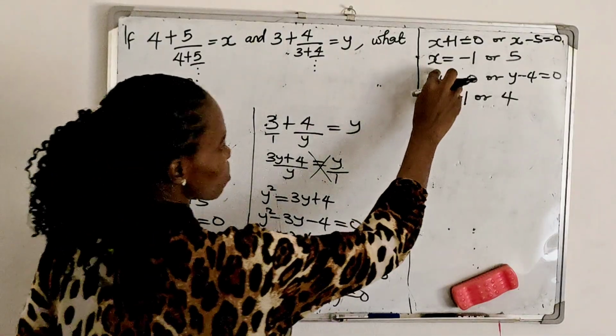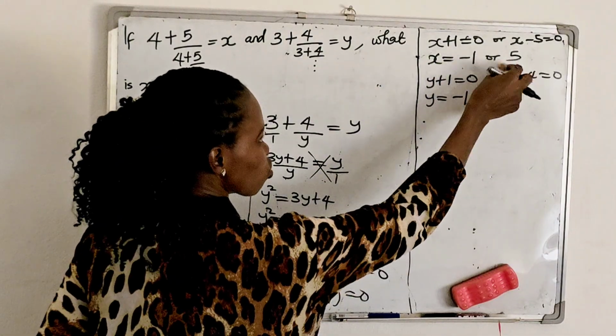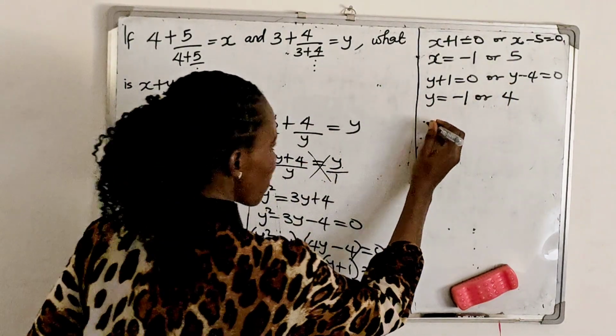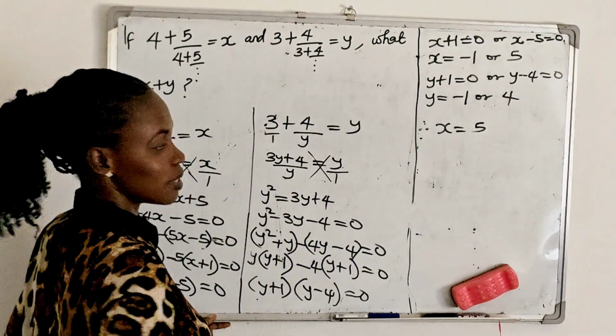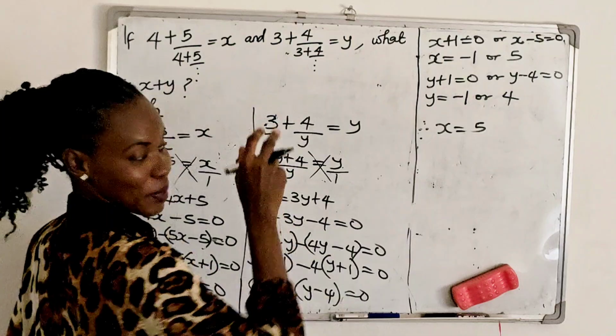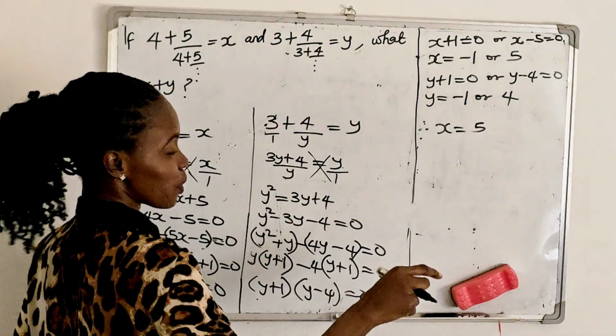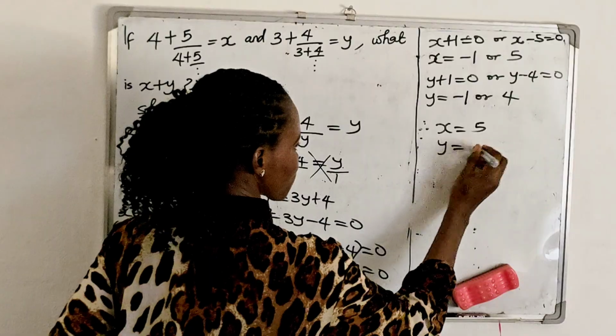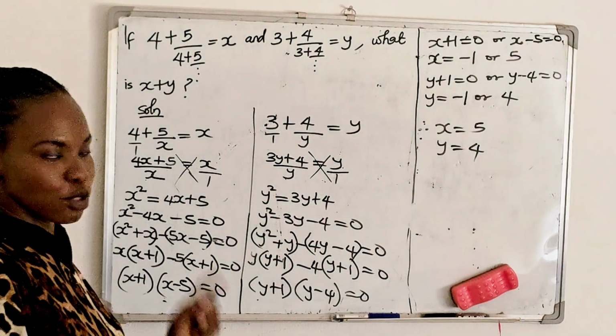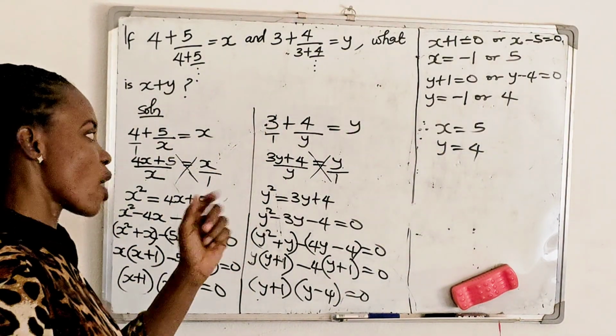So we go to the value of x and choose the positive x. Therefore, my x is equal to 5. Are you getting it? We go to the y, the same thing is applicable. Y must be positive, so we choose the value of y that is positive, which is 4. So these are the values: x is equal to 5, y is equal to 4.